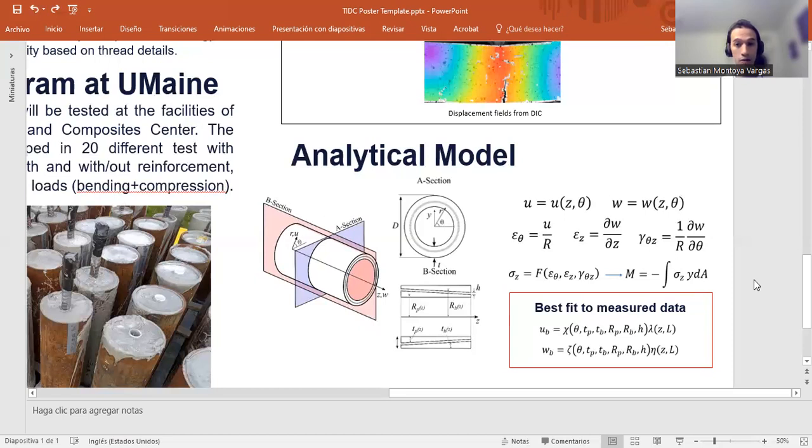It's going to provide us a detailed description of how the pipe is deforming at every position, and with that we can fit functions. We are going to find the most suitable functions to represent these displacements, and we are going to parameterize that in terms of the parameters that we know. That is the geometry of the threads, the diameter of our pipe, and the thickness of our wall.